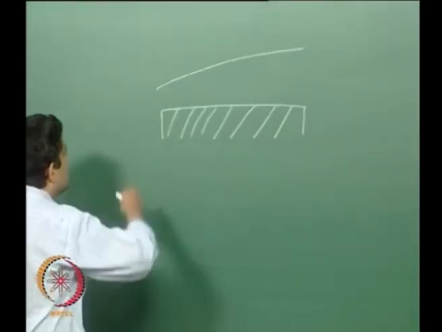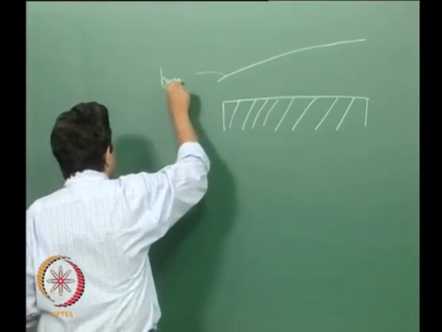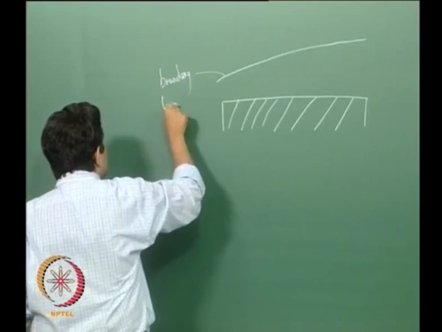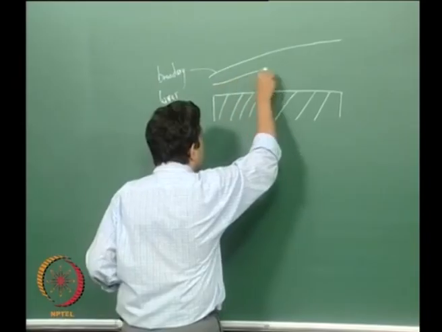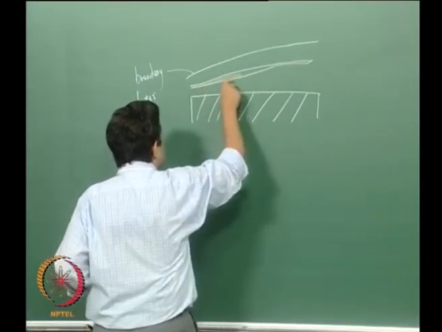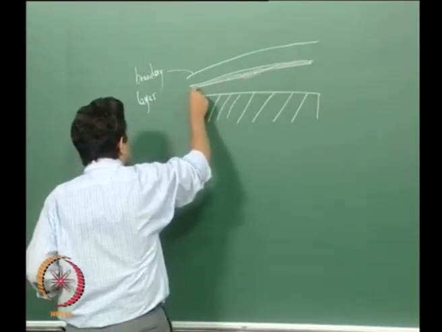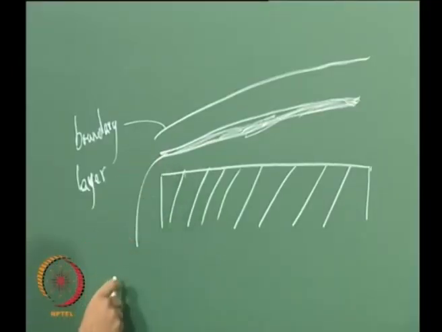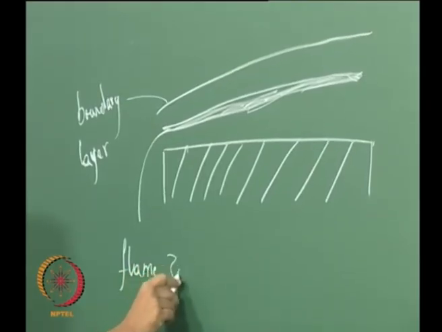So this is the boundary layer, and let's say this is the flame zone.